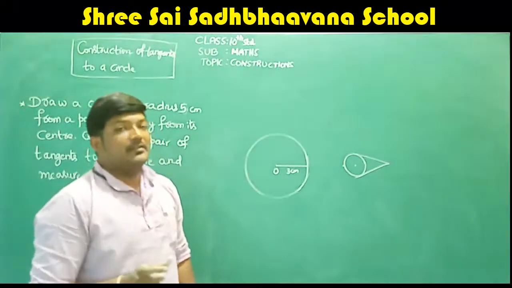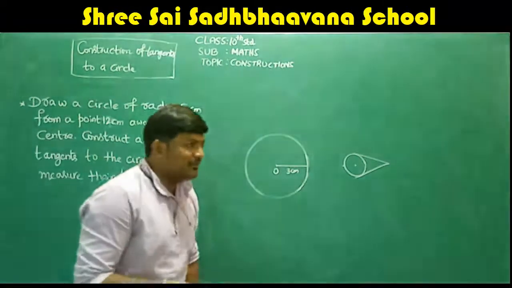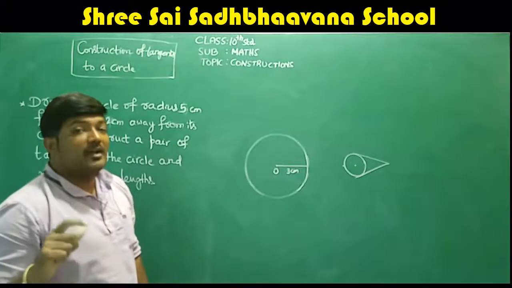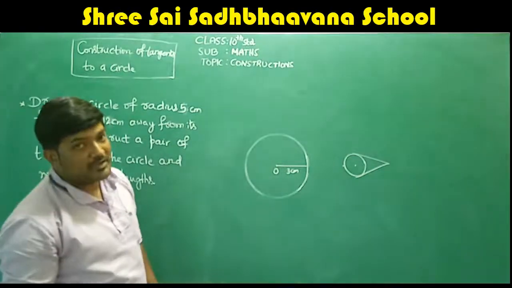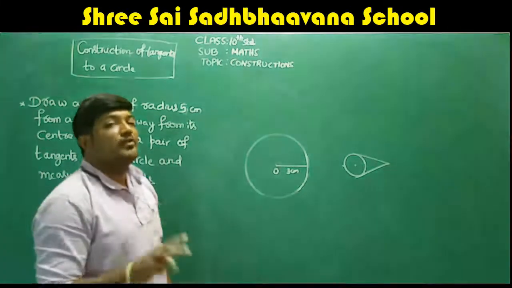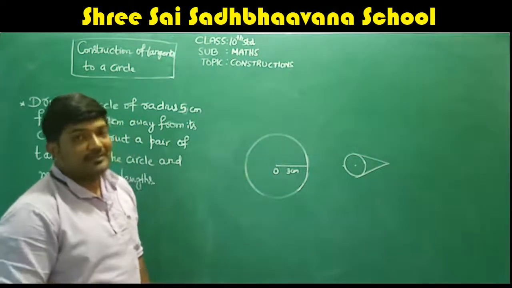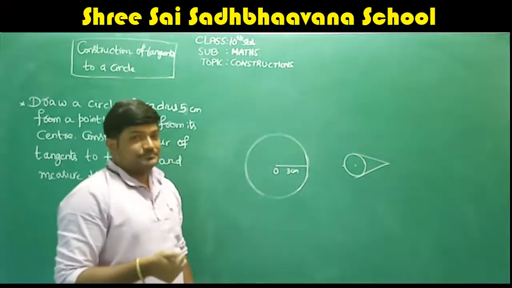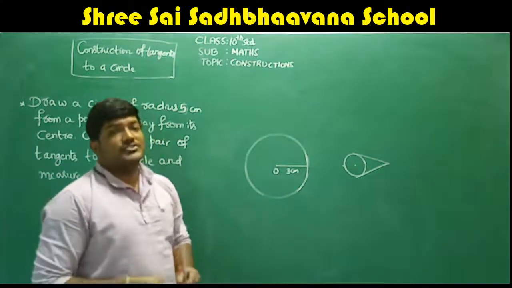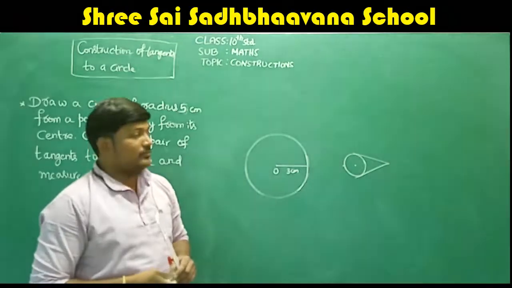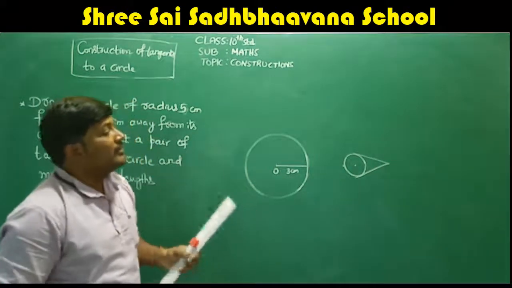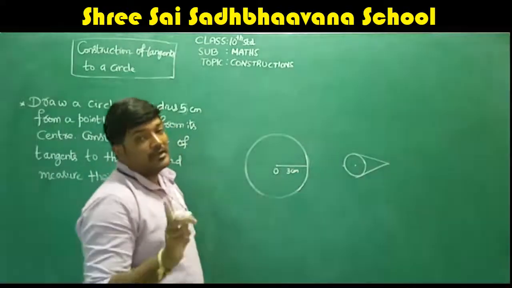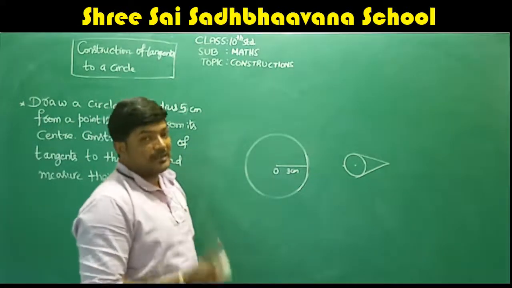For any circle of any radius, it may be 3 centimeters or 4 centimeters, if you consider a point outside the circle, from that point you can draw only 2 tangents to that circle, and those tangents should be equal. If you have doubts, just go through my videos on theorems on circles.